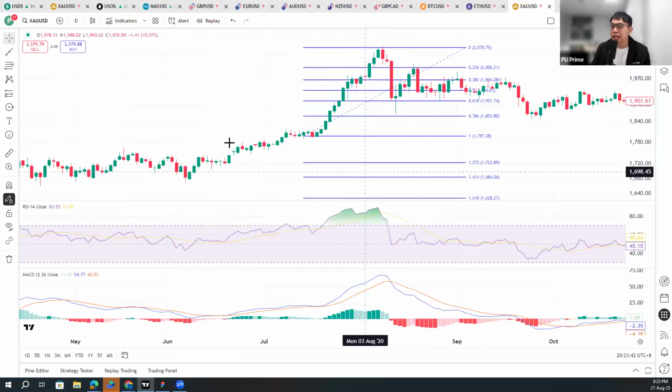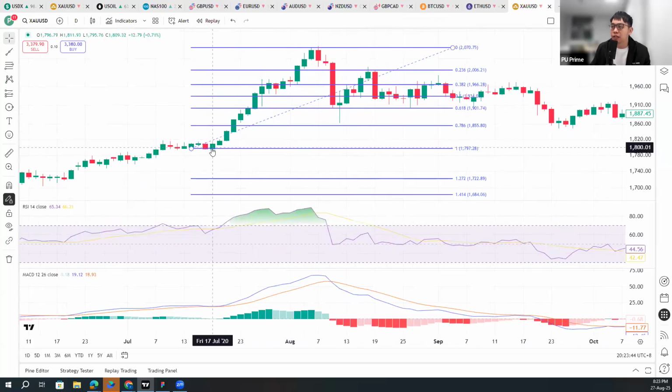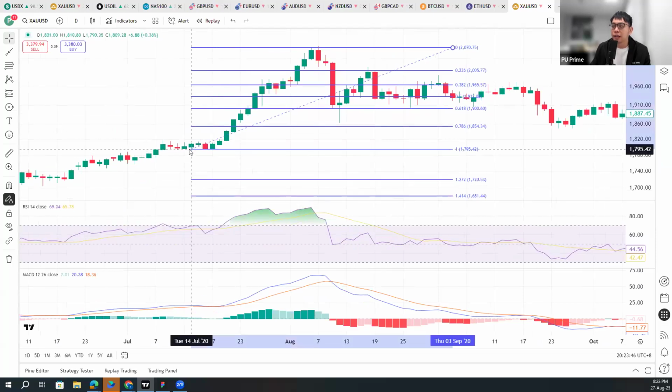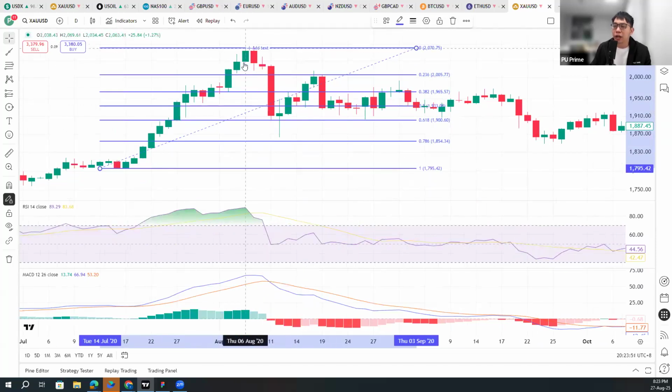Some people involve the whole week, and some people will just use the full body. But for me, I think the week is also important. It is also the opinion in the market, so I often will involve the week, the upper tail and also the lower tail.